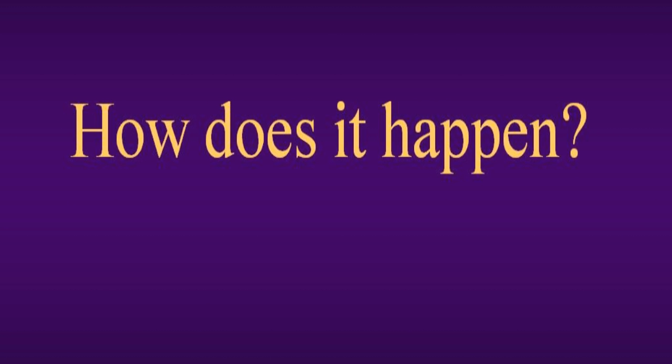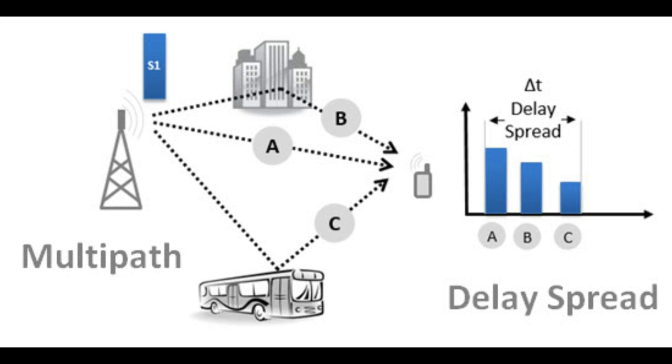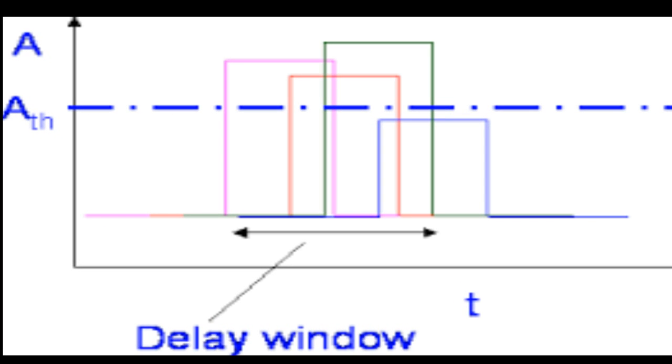How does it happen? A wireless signal from a transmitter travels via many different paths, and the signal arrives at the receiver at different times, causing bits to run into each other and thus causing intersymbol interference.